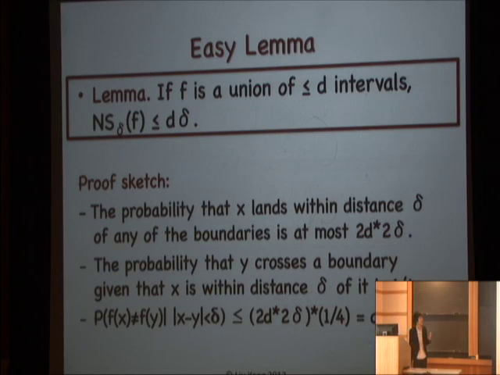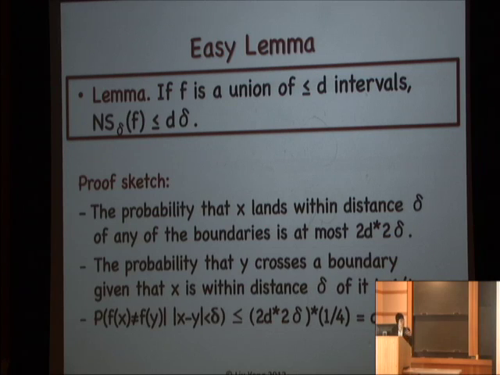First, the easy half of the proof is this lemma, which states that unions of D intervals have low noise sensitivity. The proof just requires a little bit of calculus. We see that because the union of D intervals has 2D boundaries, the probability a random point x lands within distance delta of one of these is at most 2D times delta.